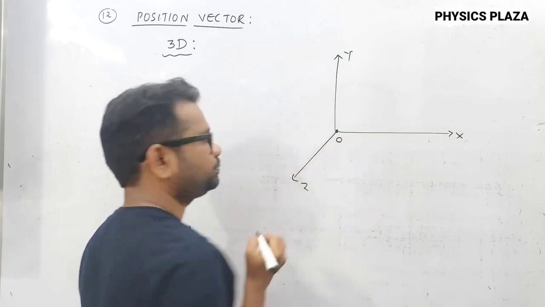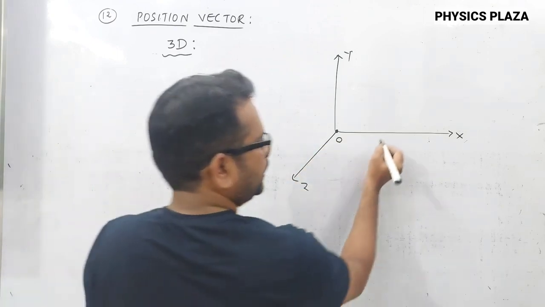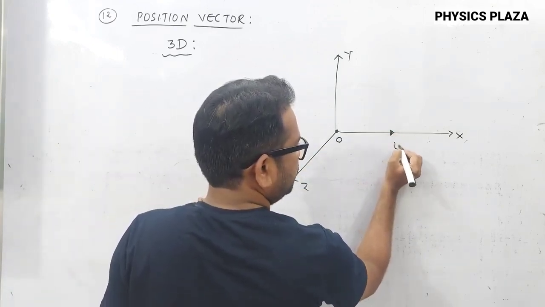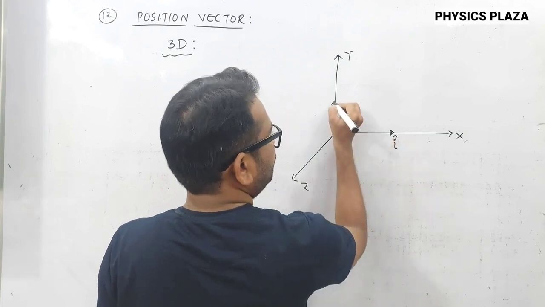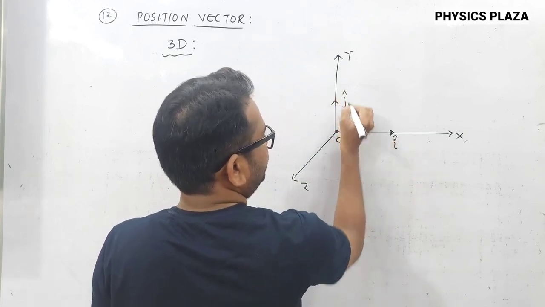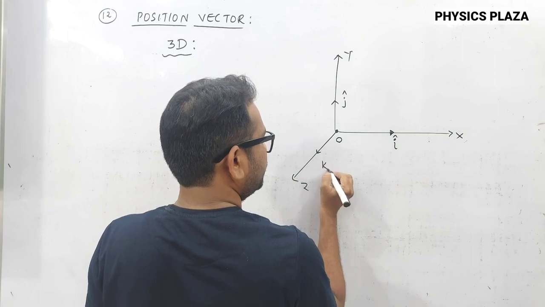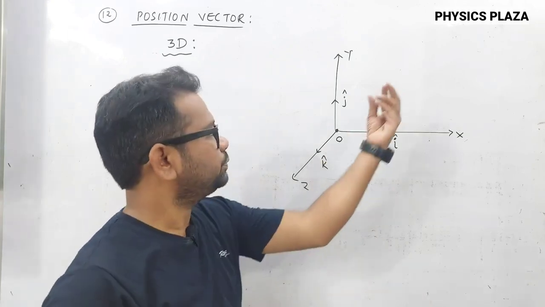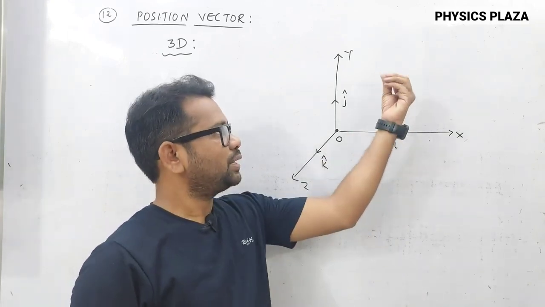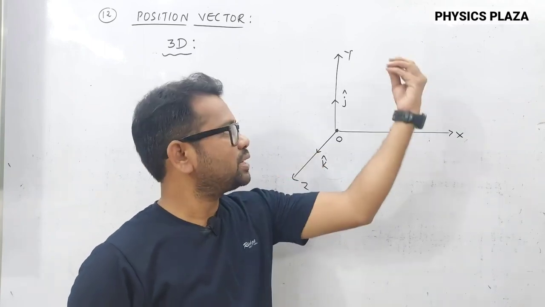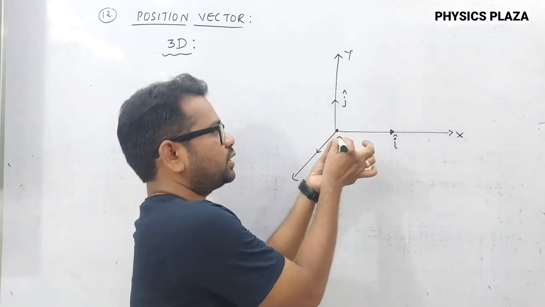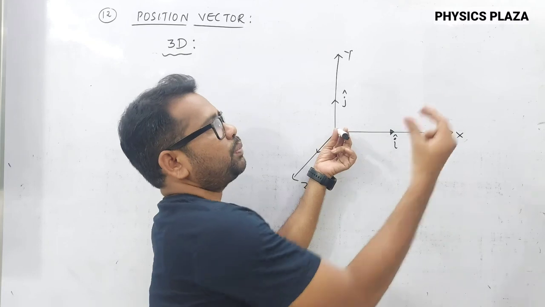Is it clear? Fine. So along the x-axis, we know that i cap is a unit vector. Along the y-axis, j cap is a unit vector. Along the z-axis, k cap is a unit vector. Suppose one particle is somewhere here, children.